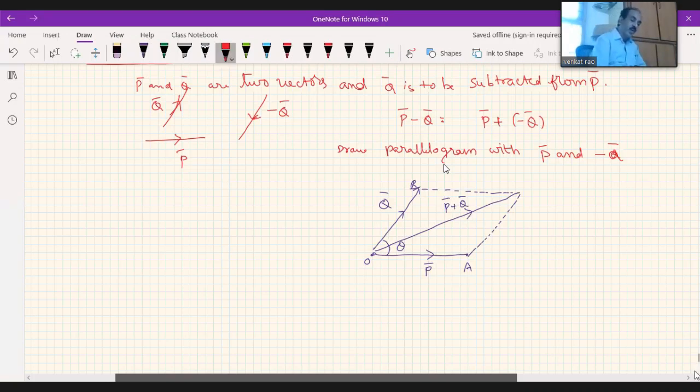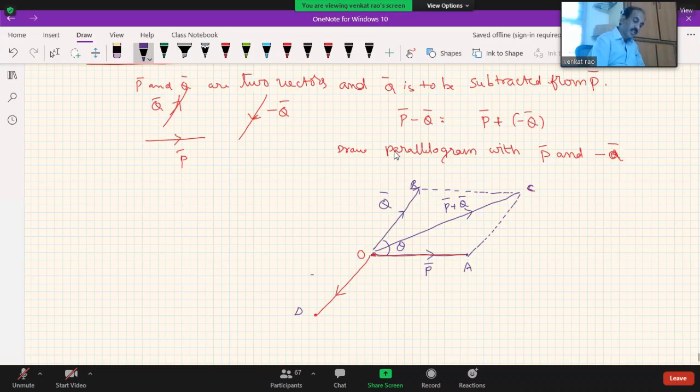From the same point O, this is P bar, and I will take the reverse of the Q bar, and from here, I will take this, this is already C, this is some D, this is minus Q bar.